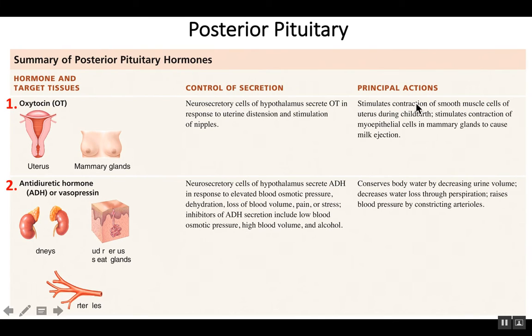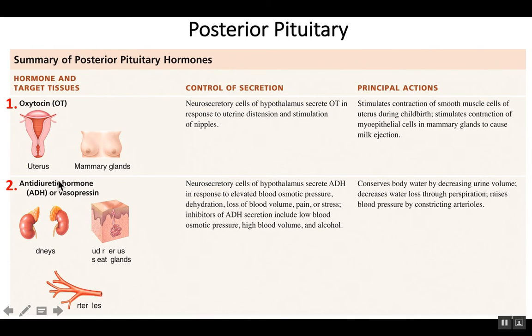Oxytocin stimulates the contraction of the smooth muscle cells of the uterus during childbirth and stimulates contraction of myoepithelial cells in the mammary glands to cause milk ejection, also known as letdown. So this hormone is the one that ejects the milk, whereas prolactin and estrogen help synthesize the milk.